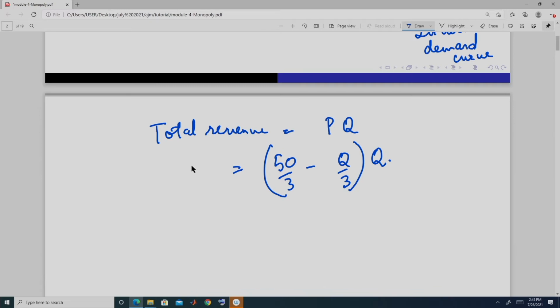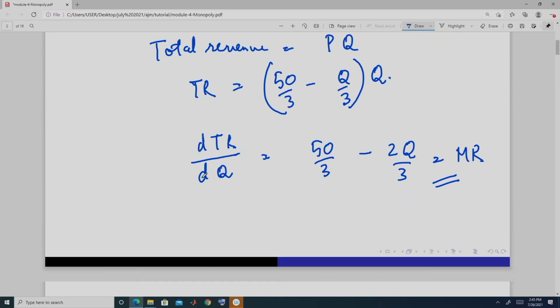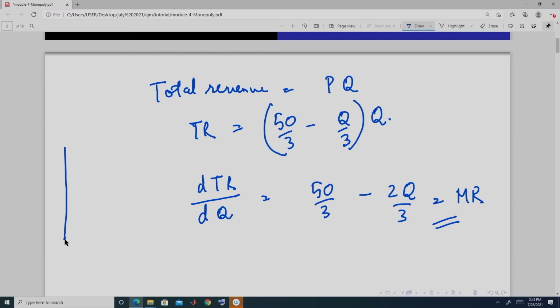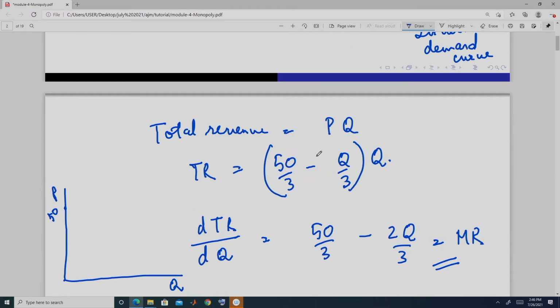We get this is the total revenue, and since it is differentiable, take the derivative of this with respect to output, that is Q, we get this is MR, the marginal revenue. If we want to plot this, we will get something like this. If this is price and this is quantity, this point is 50, it is this divided by 3, this point is 50.